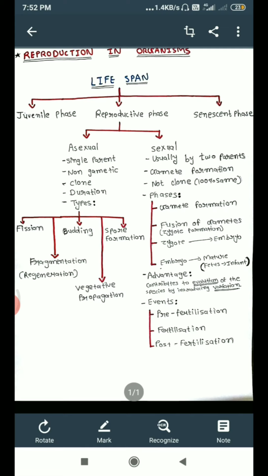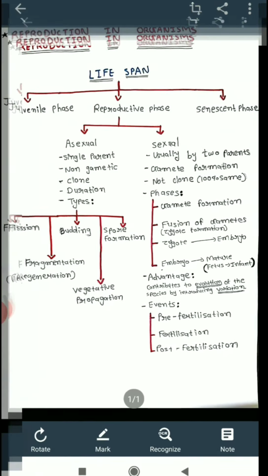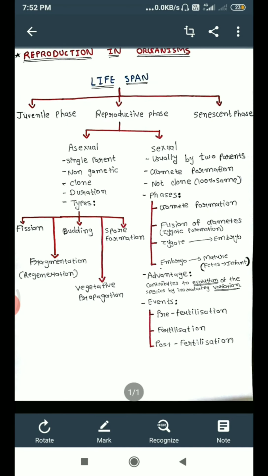They are very simple, but I am not talking about these events in this video. I will tell you deeply about these events in my next video, but I want to tell you what the process of fertilization is: the fusion of these gametes and formation of zygote, the second step of sexual reproduction, is known as fertilization.